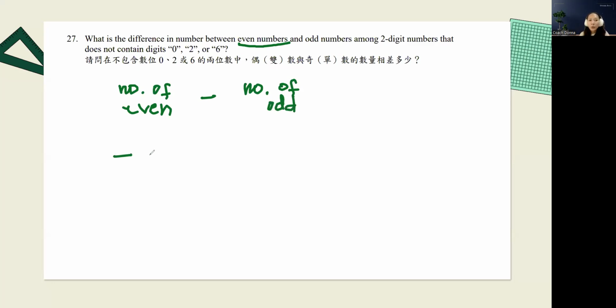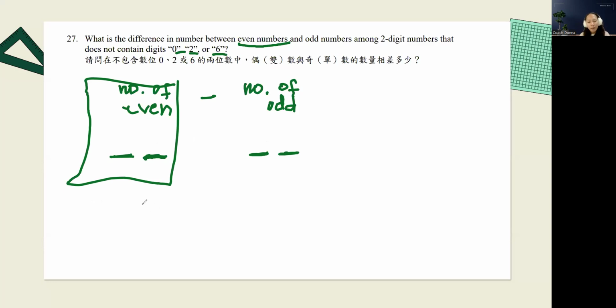That are 2 digits only, so I'm placing two blanks because we can only have 2 digits. Remember, it does not contain 0, 2, or 6. Let's answer the even part first.